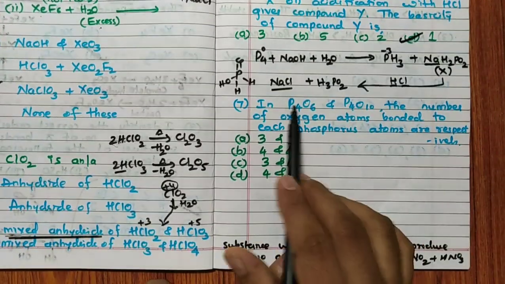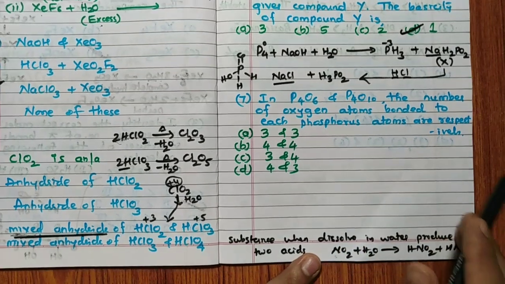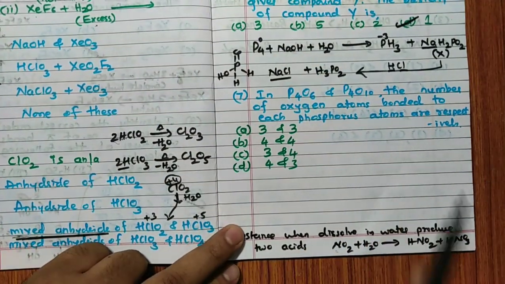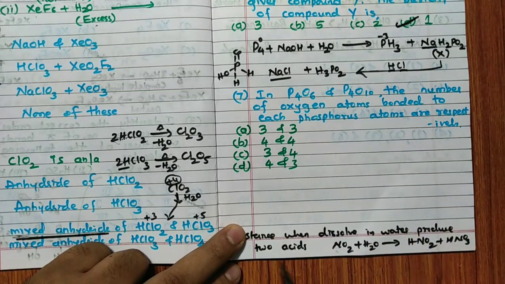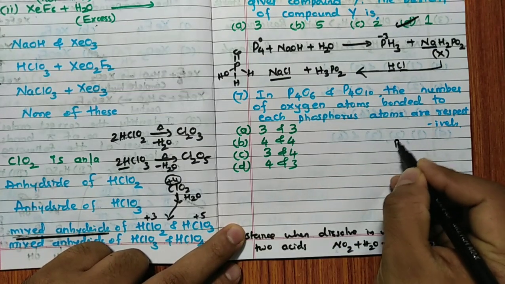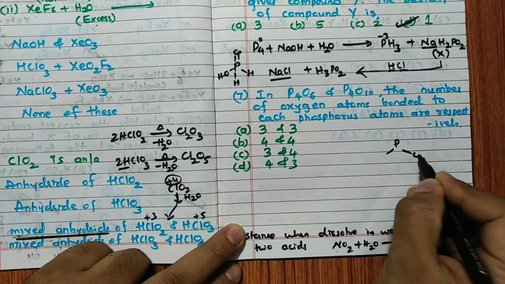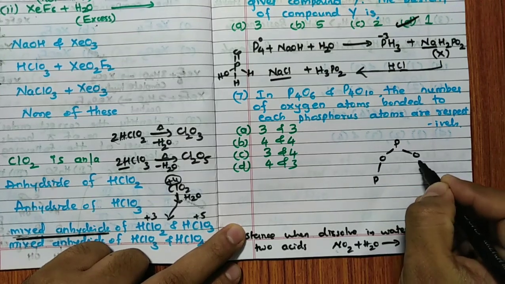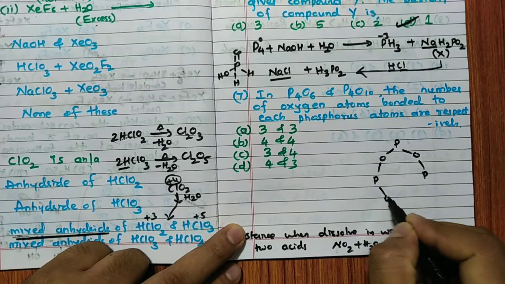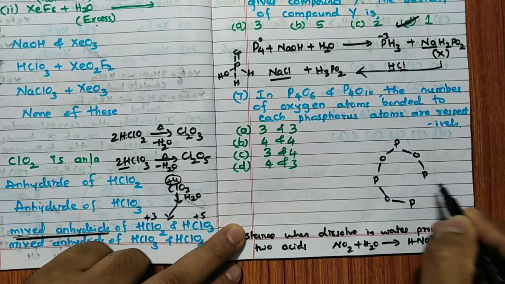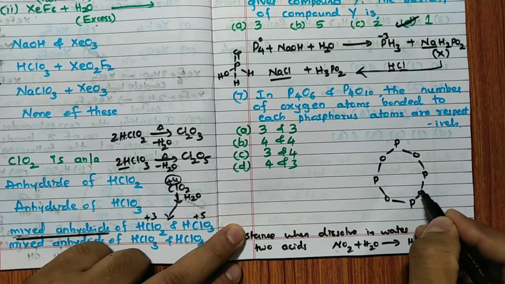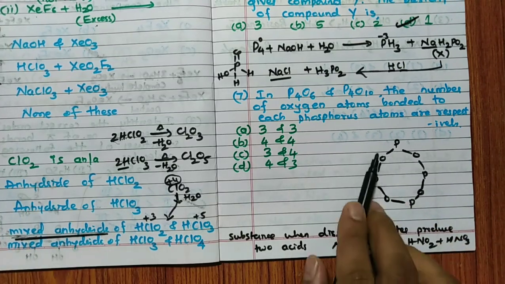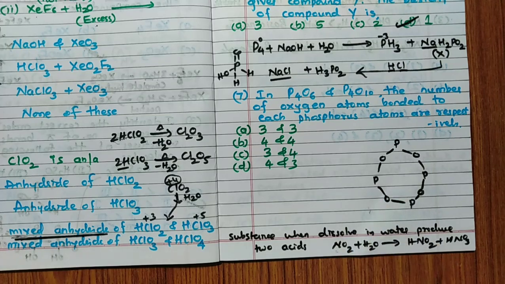While you draw the P4O10 or P4O6 structure, remember, you have to draw it as a cyclic structure where phosphorus is bonded to oxygen like this, then once again phosphorus like this, then once again oxygen like this. So P-O, P-O, P-O, P-O.